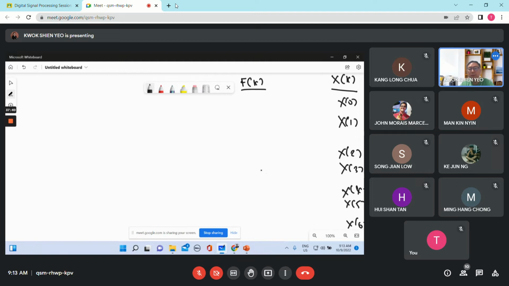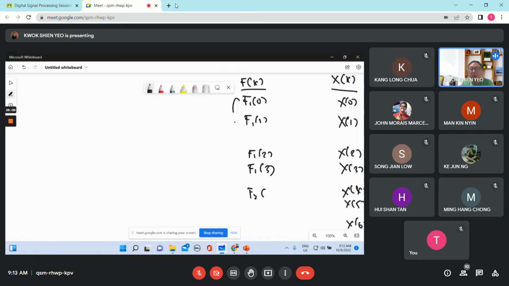So this is my F10, F11, F12, F13. I stop at 3 because it is half the length of the Xk. So remember, F is actually half the length of X. And then I have my F2.